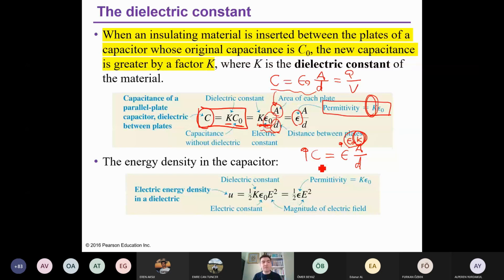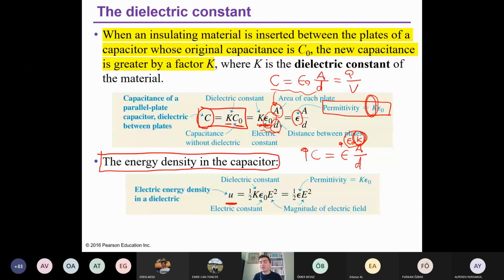And with the same relation, you can also write the energy density in the capacitor after inserting dielectric material. It is written in this form. The electric energy density in a dielectric, which we learned during the last lecture, is energy per volume. It is given by 1/2 K epsilon 0 E squared, where E is the magnitude of the electric field.